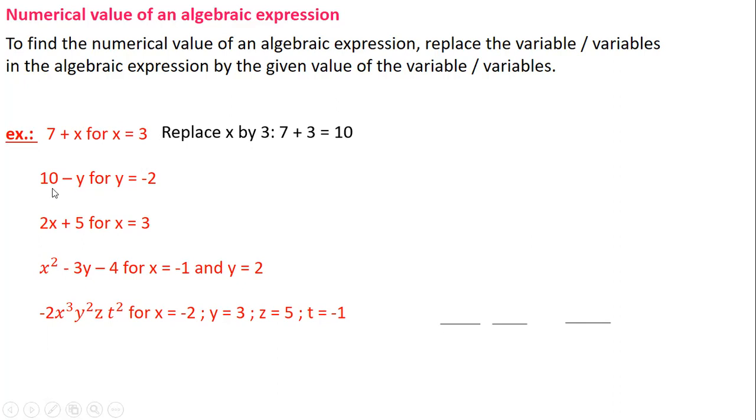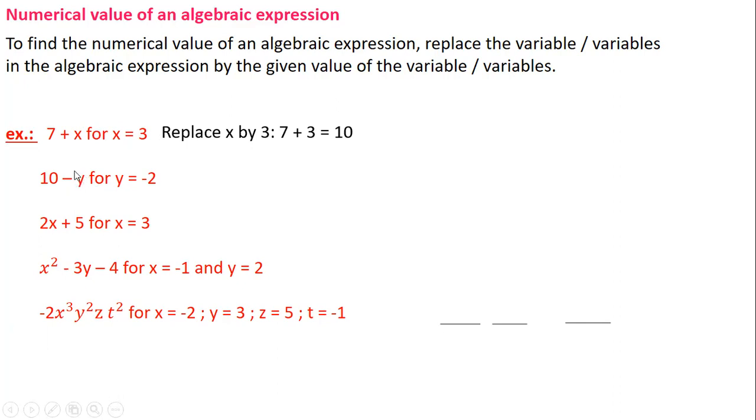Now another example: 10 minus y is the algebraic expression. I should find its numerical value for y equal minus 2. So y in the algebraic expression should be replaced by negative 2. Now, when I replace y by negative 2, we cannot write 10 minus 2 directly after each other, since we cannot write two signs after each other.